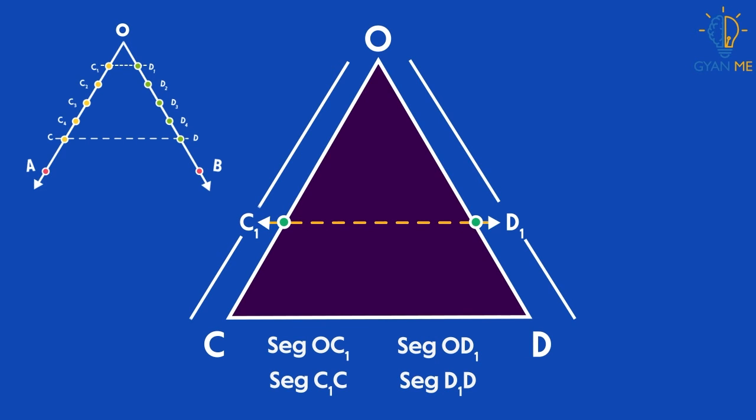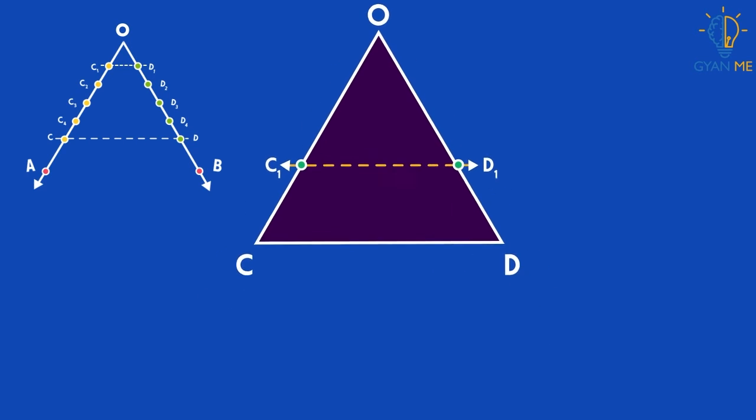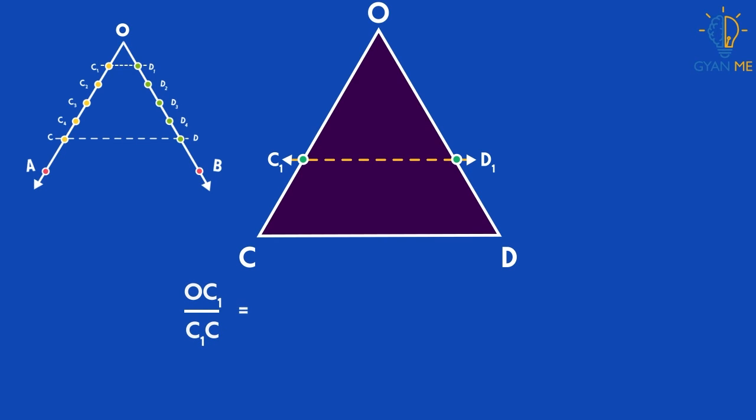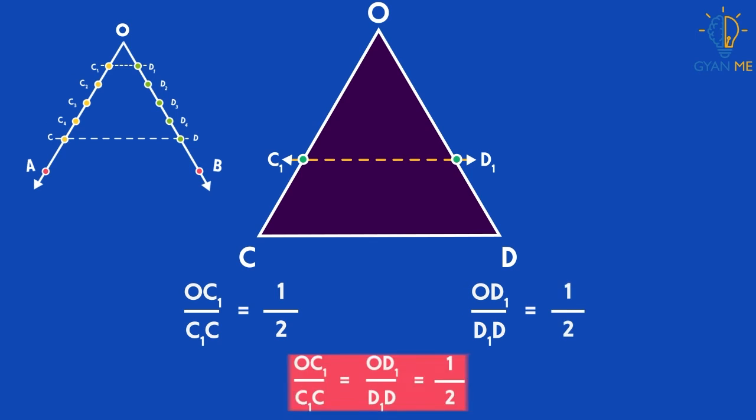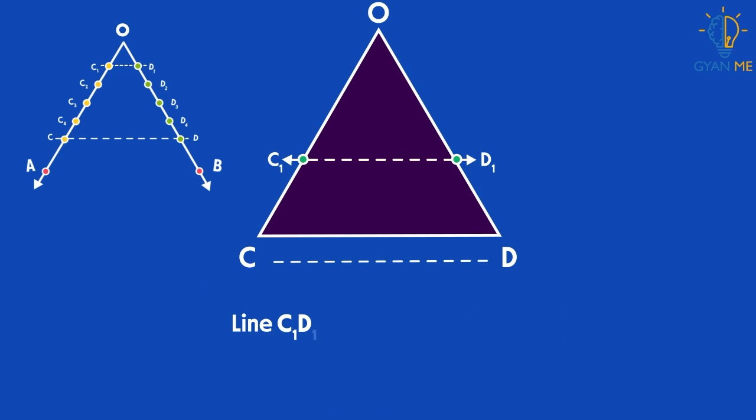We have already seen that the ratio of OC1 to C1C and the ratio of OD1 to D1D is the same. And we have also seen that C1D1 is parallel to CD.